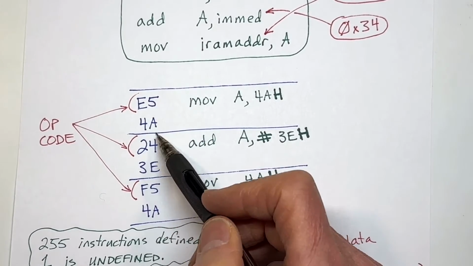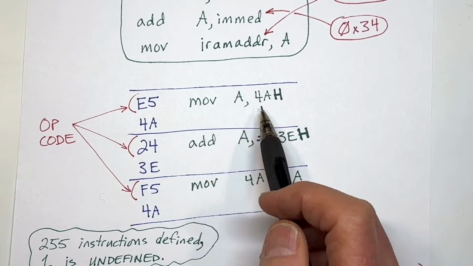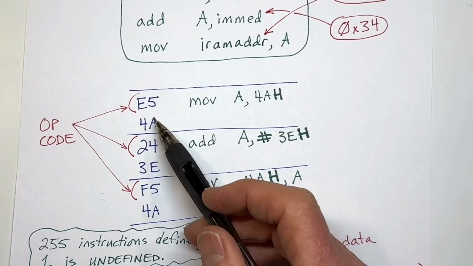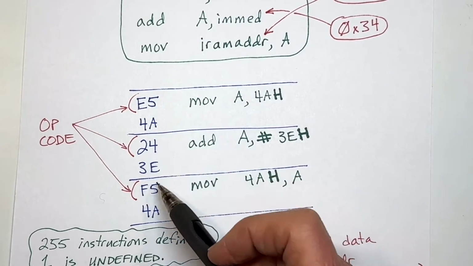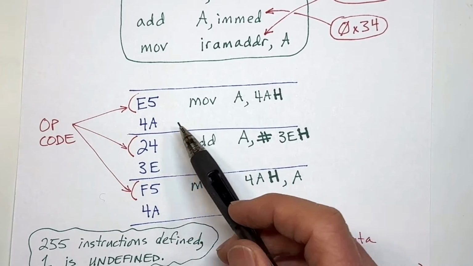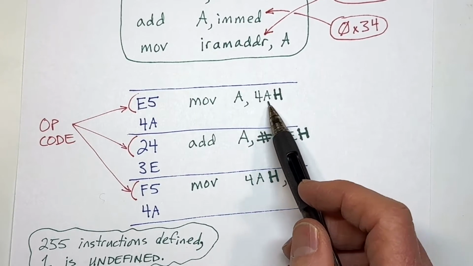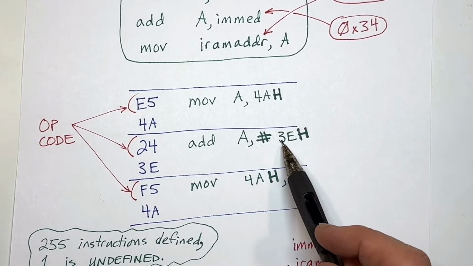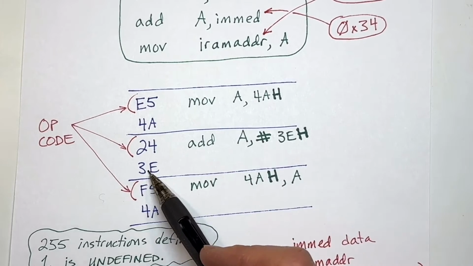The first byte is always the opcode, and the register that's involved is implicit in the opcode. In all 3 of these examples, the instruction is only 2 bytes in length, and the second byte is either the memory address for the first and the last one, or the actual immediate value in this case.